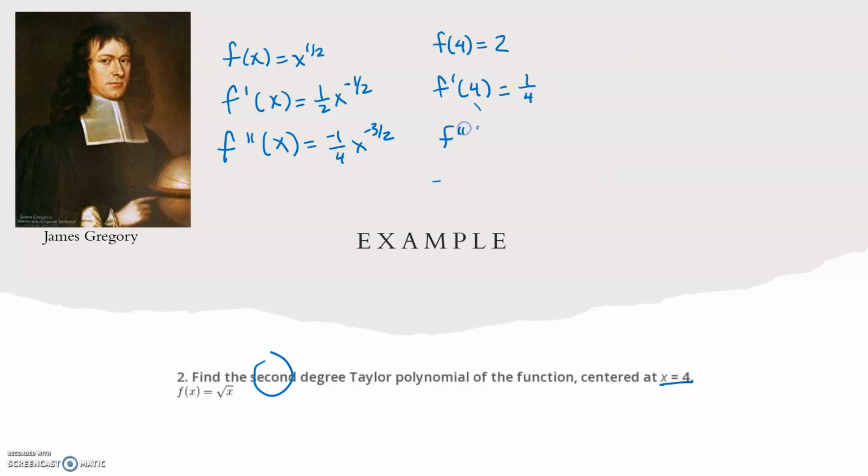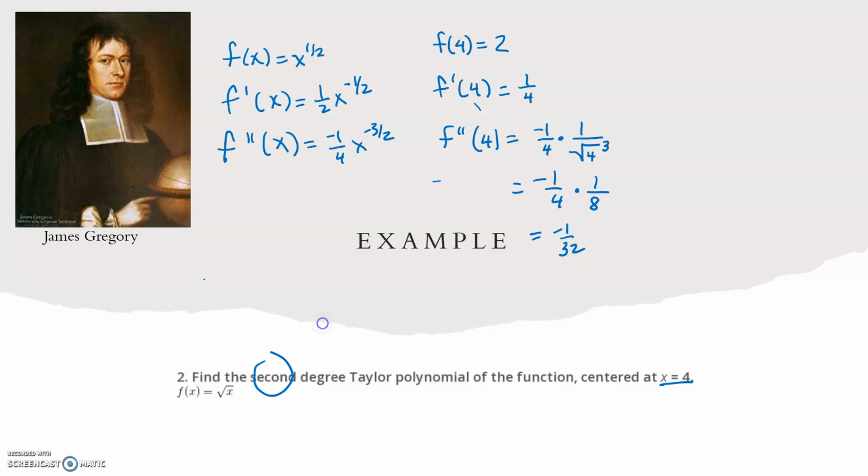And the second derivative at 4 would be negative 1/4 times 1 over square root of 4 cubed. So I would do the square root first because that's easier. And so then I have negative 1/4 times 1/8, or negative 1/32. Okay, now I'm ready. I have my numbers.